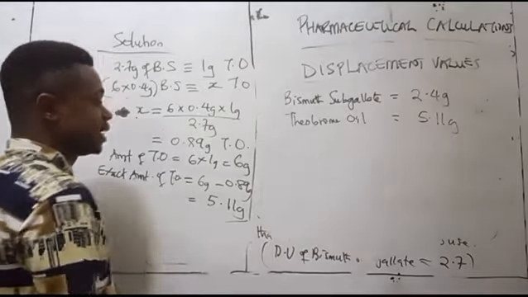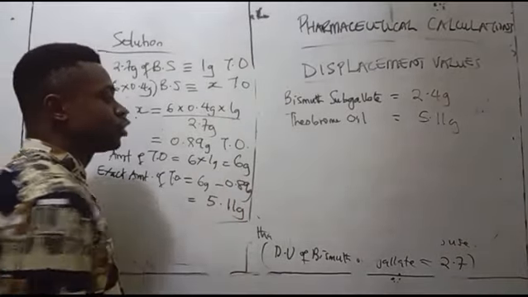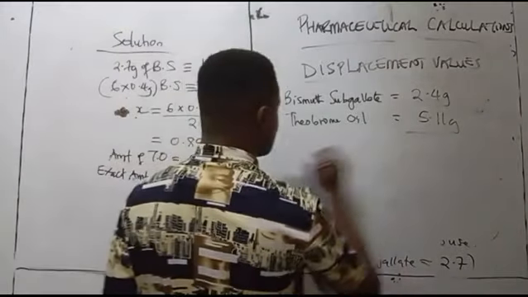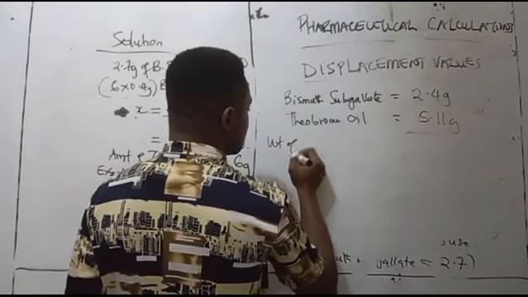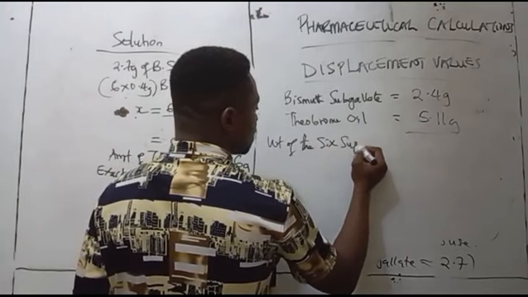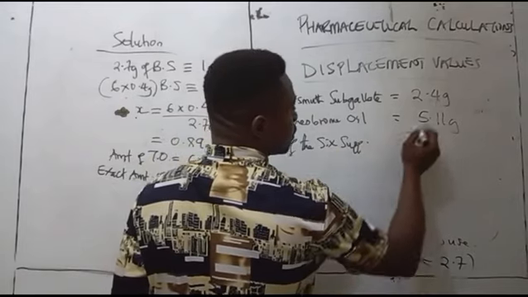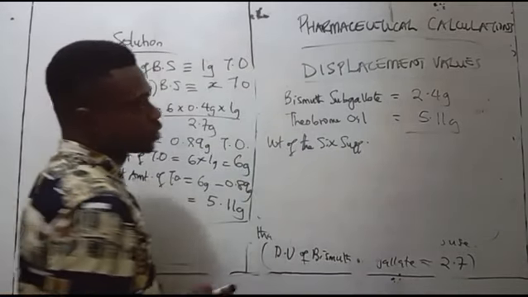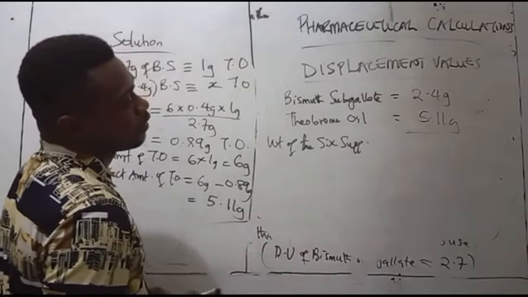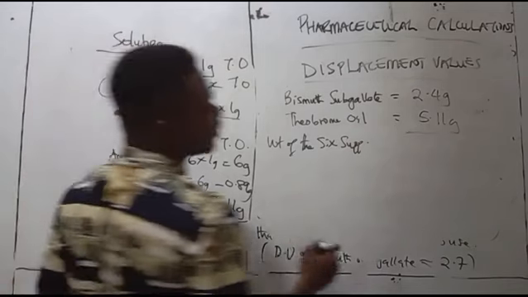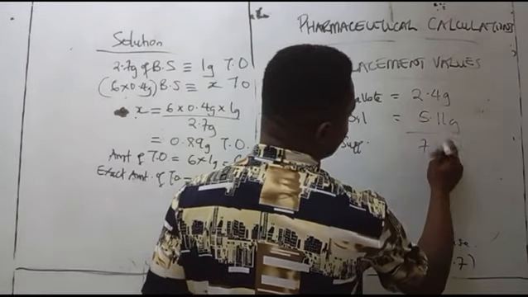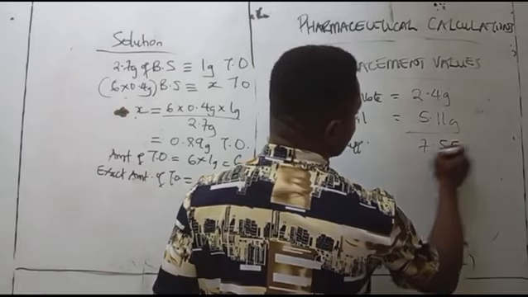The entire formulation will give us a total weight for the 6 suppositories of 2.4 plus 5.11, which is 7.51, around 7.5 grams.